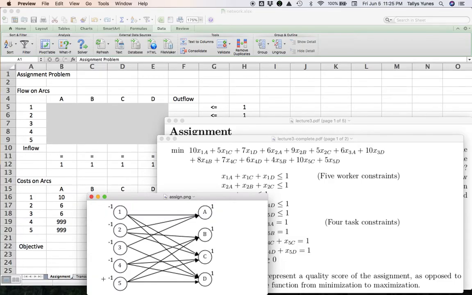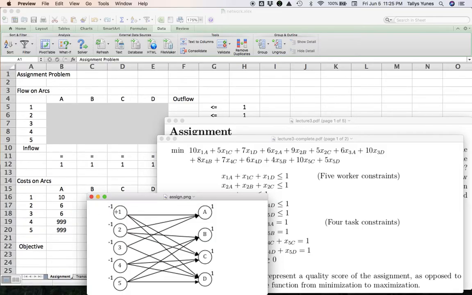But on the supply side, I'm not going to say, hey, what you ship equals what you have, because there is an excess of supply. In other words, in the context of the story, one of these 5 workers is not going to work, right? But I don't know a priori who that is. So I'm going to allow potentially for any of them to not ship their service to a task node, right?